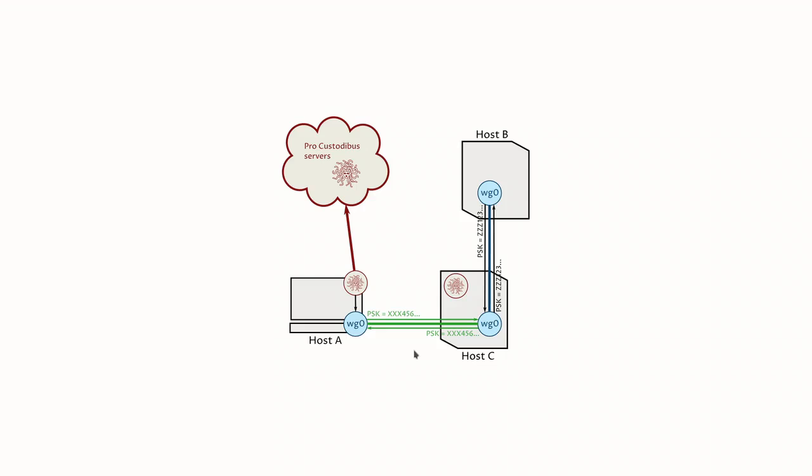So from a multi-factor authentication perspective, the user using host A is authenticating both with a thing she has, the public key pair stored on host A, as well as a thing she knows, her password for Pro Custodibus. Or from a zero trust perspective, the public key pair stored on host A authenticates the device, whereas the credentials the user uses to log into Pro Custodibus authenticates the user.